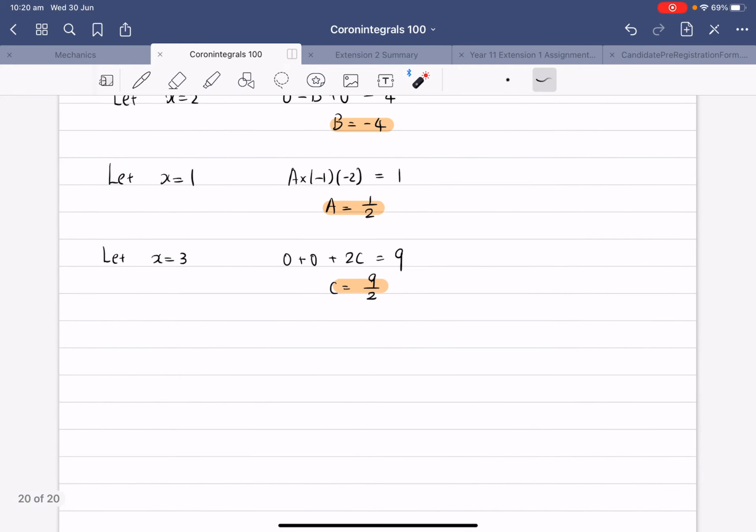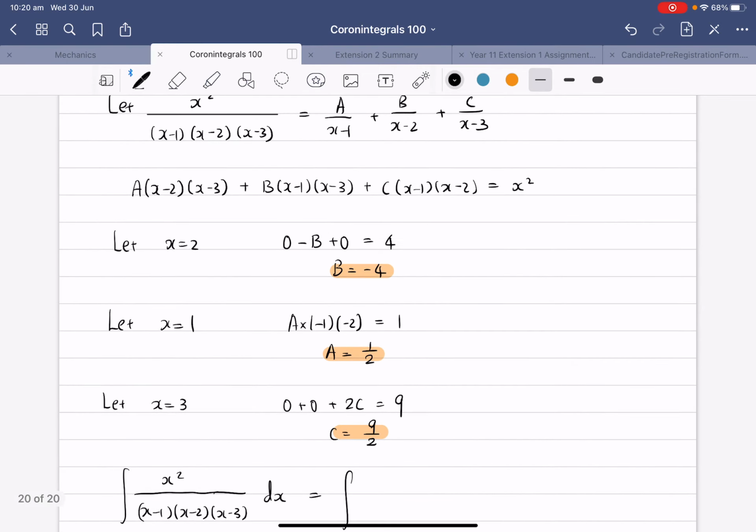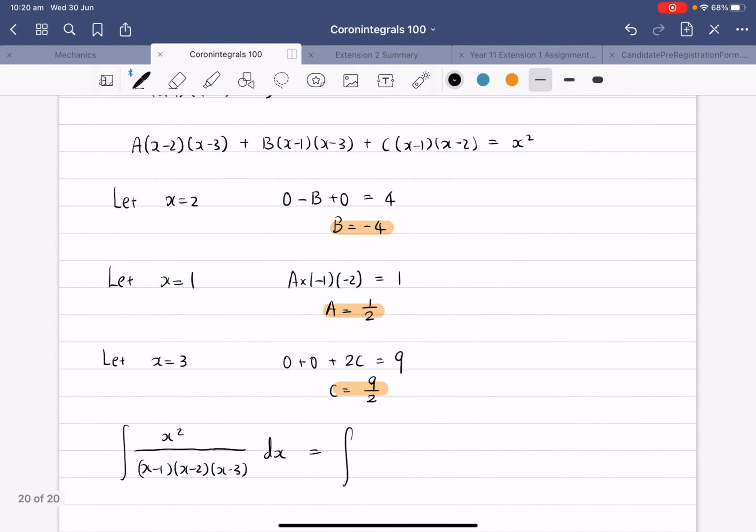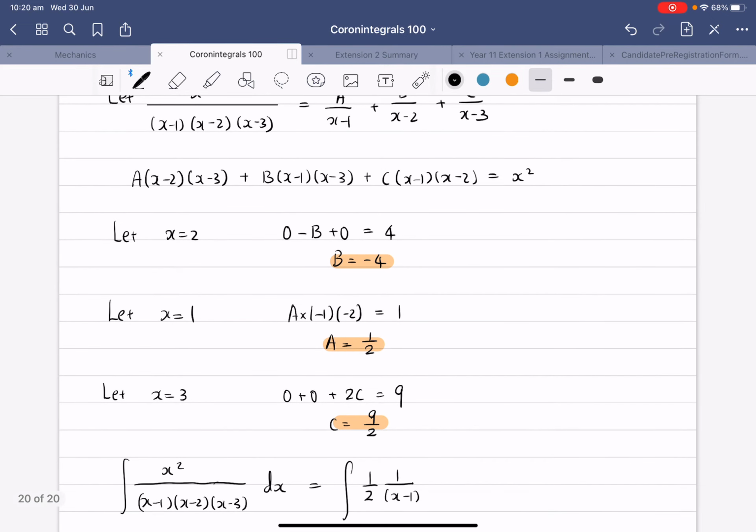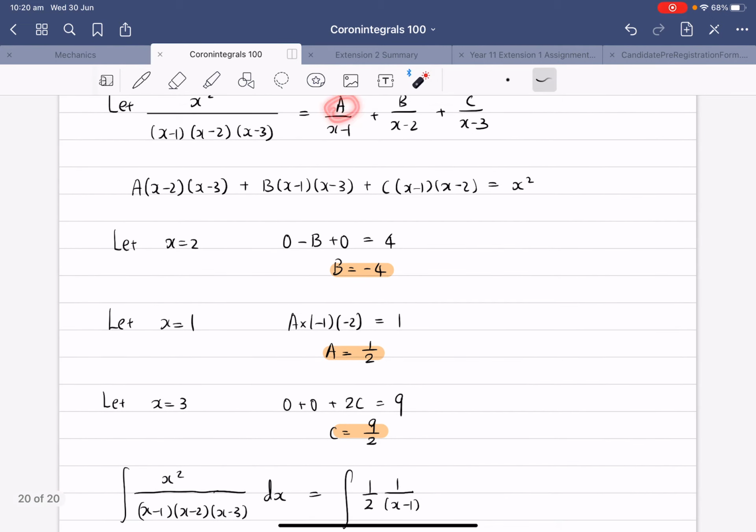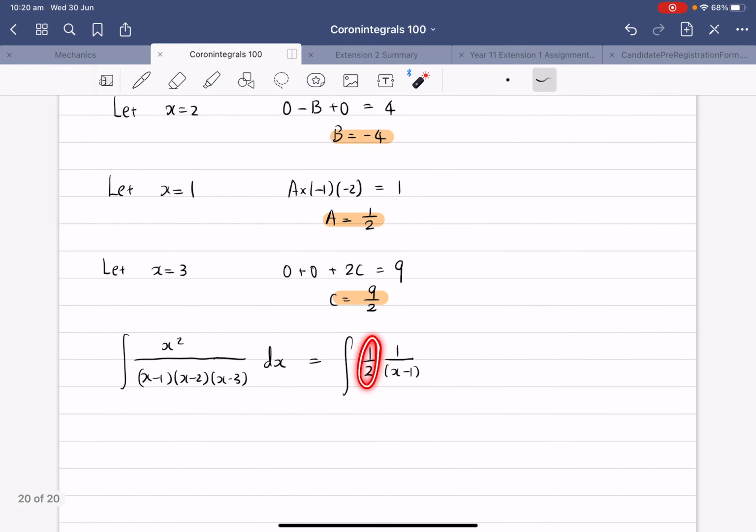So we can change the integral of x squared over (x minus 1)(x minus 2)(x minus 3) dx into a sum. For a over x minus 1, a is equal to a half, so we put a half in front, times 1 over x minus 1. Instead of writing a as a numerator, we put the half in front as a coefficient, which makes it easier to integrate at the end.